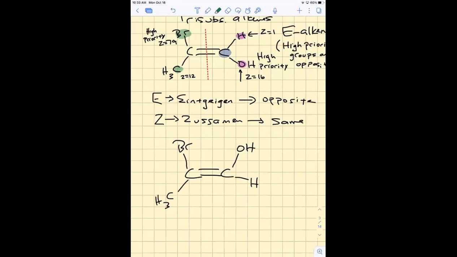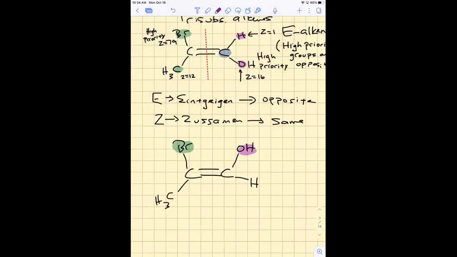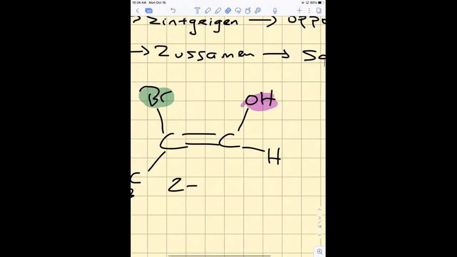Now the high priority groups are on the same side. We already prioritized it in the first example. So if that's the case, then this is a Z alkene, right? Your high priority groups are on the same side.